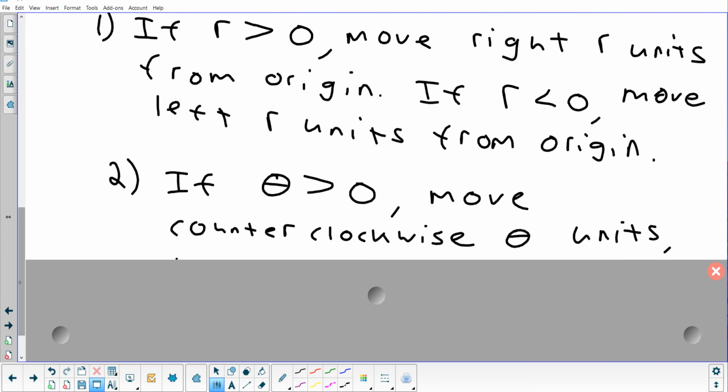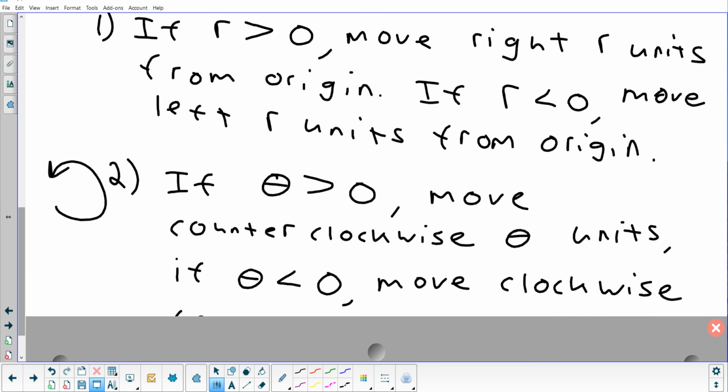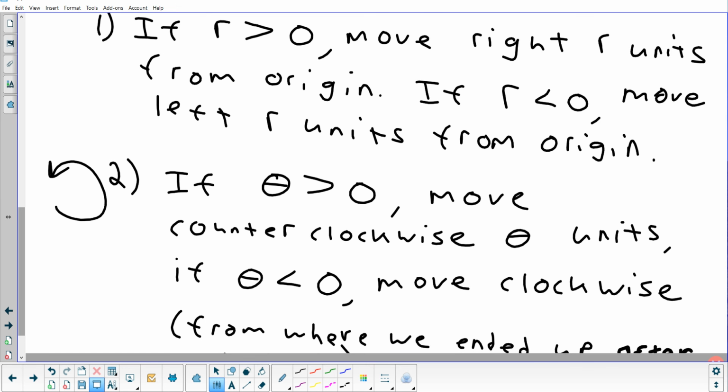If your angle is positive, you're going to go counterclockwise. Okay, counterclockwise is this way. If your angle is negative, you're going to go clockwise. That's that. So positive angles, counterclockwise movement. Negative angles, clockwise movement.